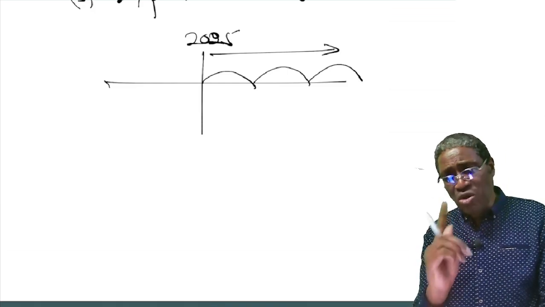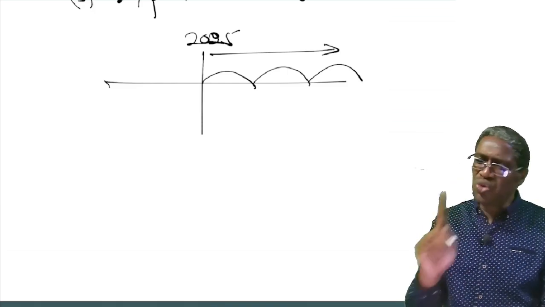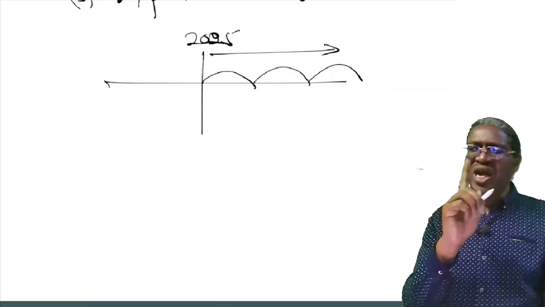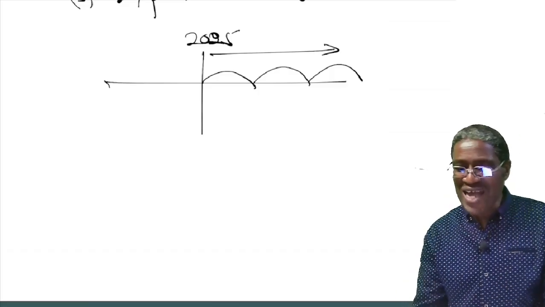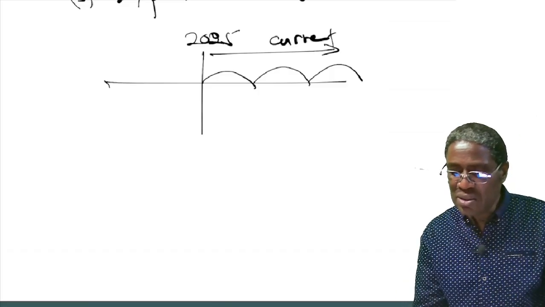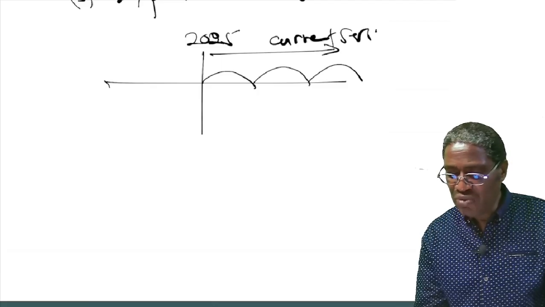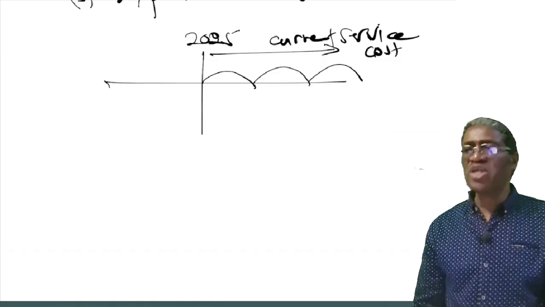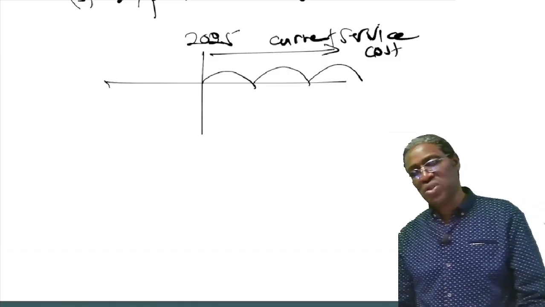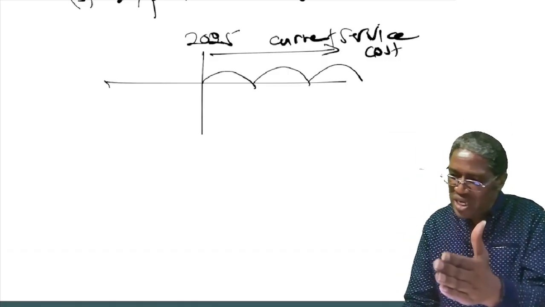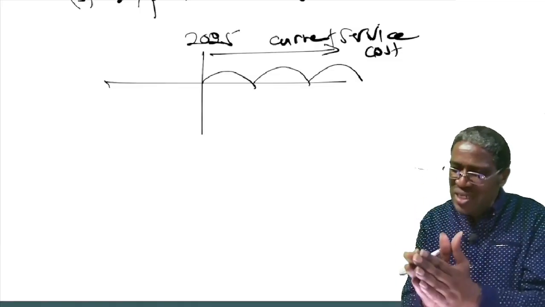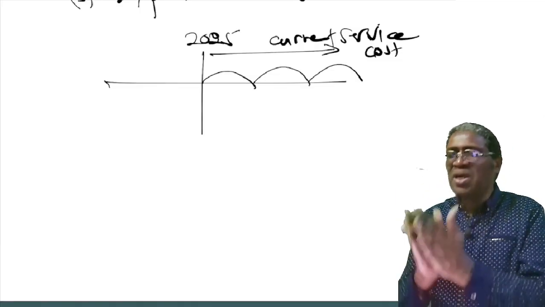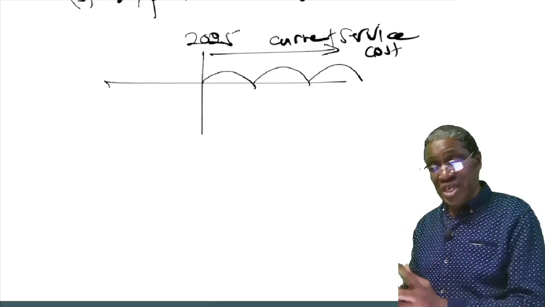That kind of contribution is what you as an employer will account for in your books as a current service cost. We also call it present service cost. So these are contributions made for services rendered after the scheme has been initiated.